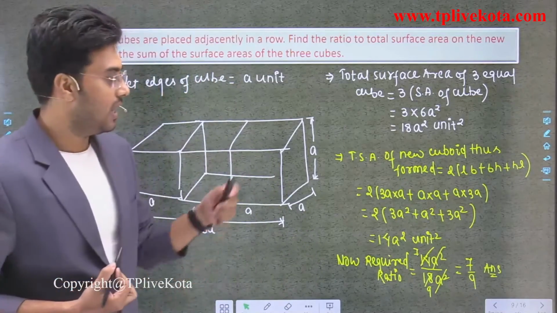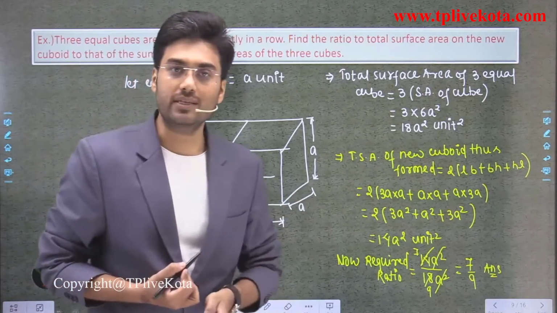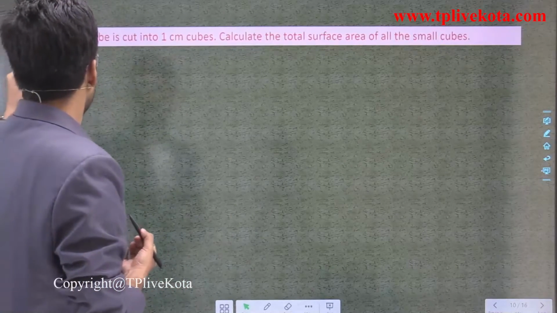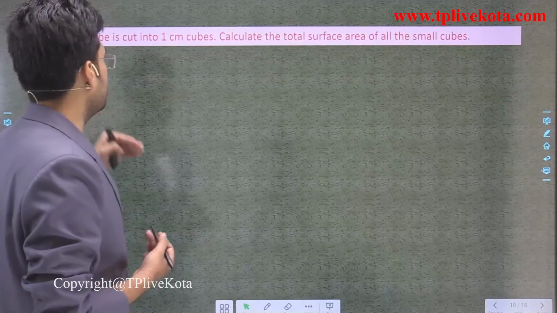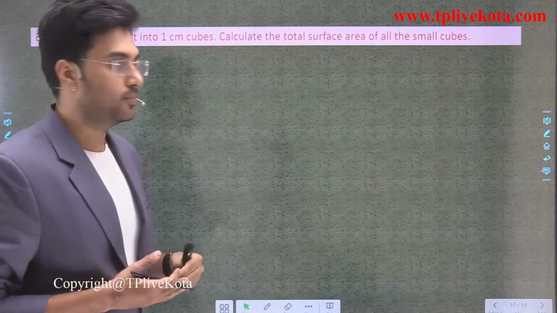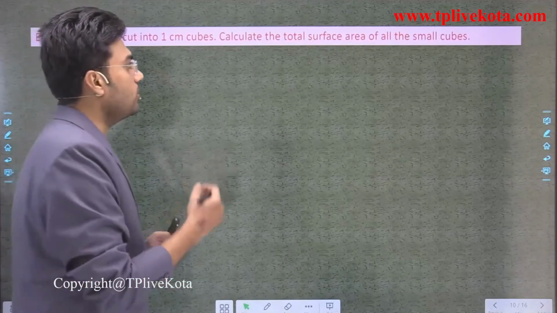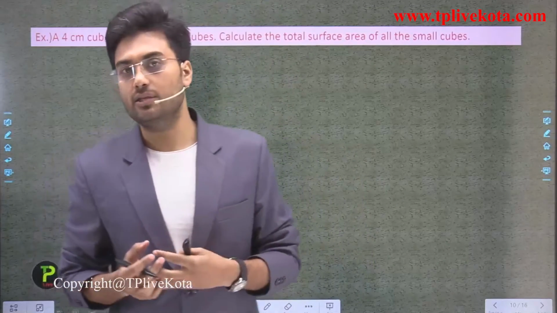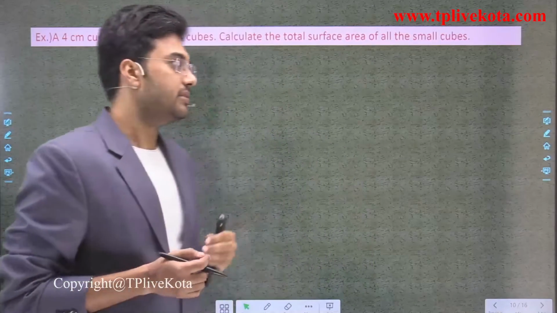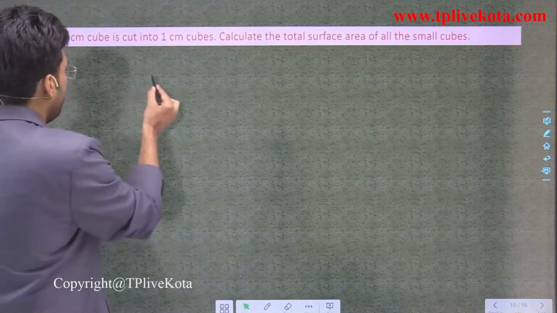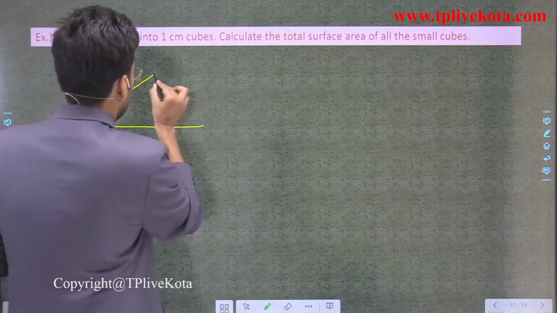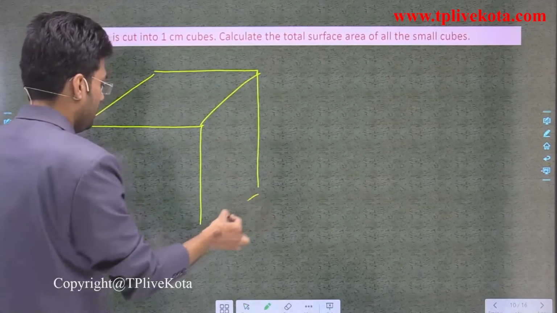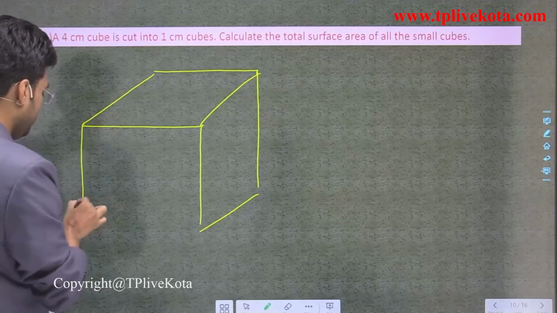So now after this example, let's move to the next example. A 4 centimeter cube is cut into 1 centimeter cubes. Calculate the total surface area of all the small cubes. This is a very interesting question. Here it is given that we have a large cube of 4 centimeter edge.